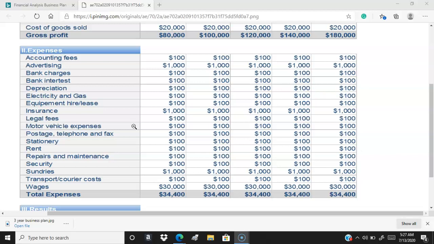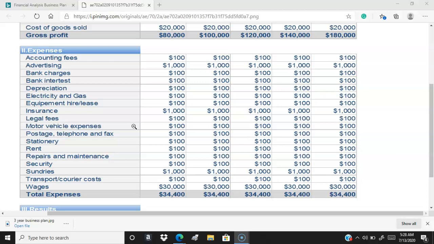Okay, so electricity and gas. If you're a home-based business, you can only take 50% off, or the amount of square area that you actually use, if you have a home office that you use for electricity. They won't allow you to take the whole thing off.